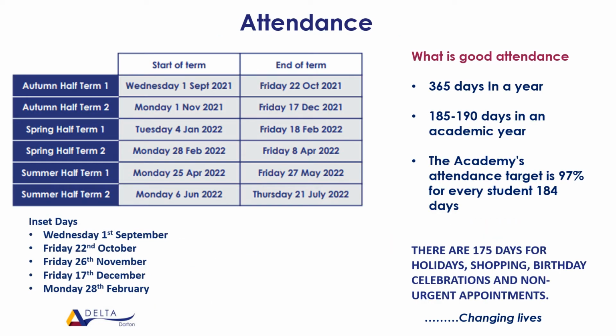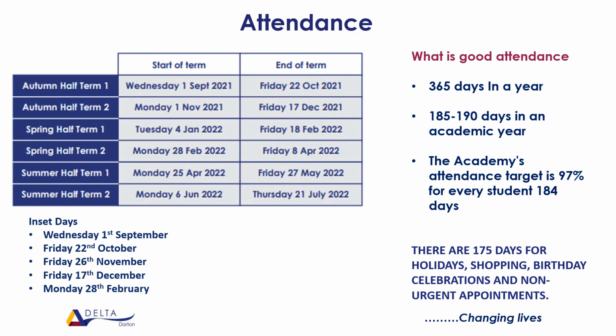Attendance is an extremely important part of the students' lives. I've already spoken to many of the students about how important attendance is. You can see here our term dates and also our inset days which we've provided for you. The Academy's target is 97% attendance for every student.